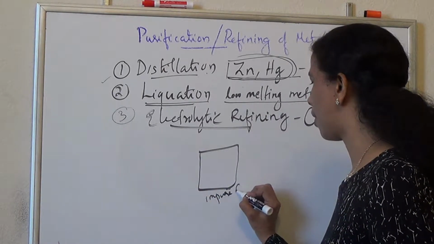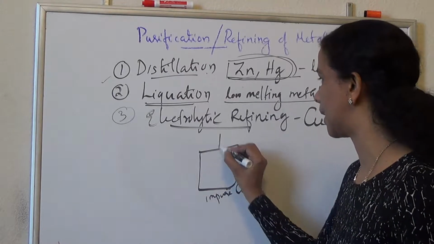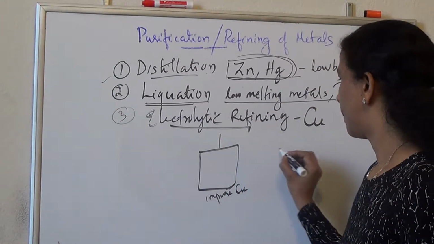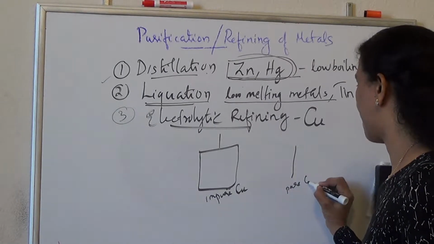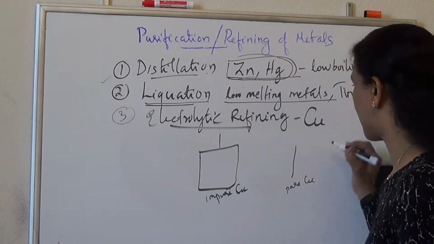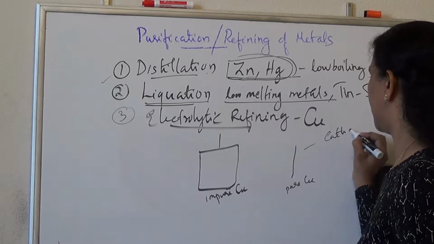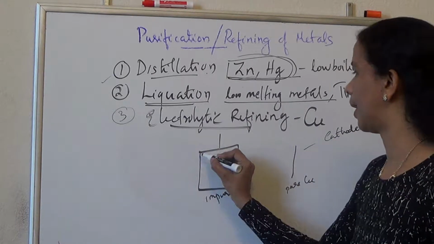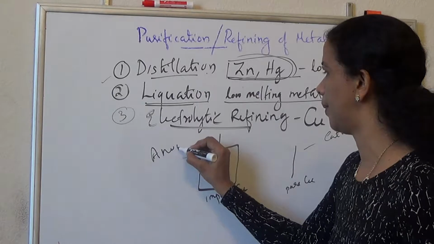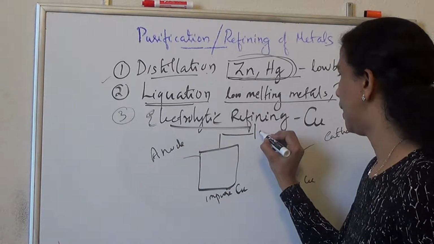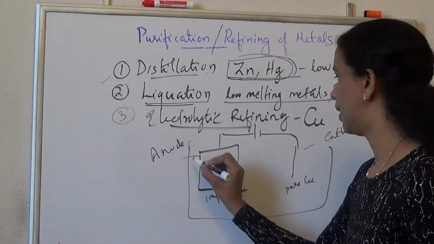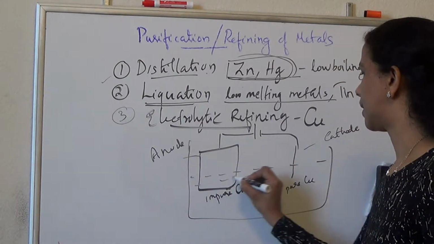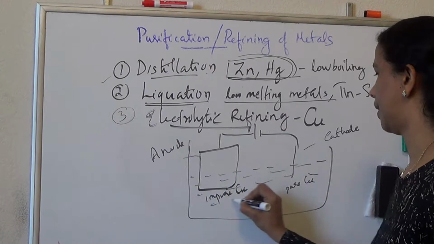A large block of impure metal is taken as anode and a thin strip of pure copper is taken as cathode. This is acting as cathode and this is acting as anode. You have to connect the electricity, and it is placed in a vessel that contains an electrolyte.